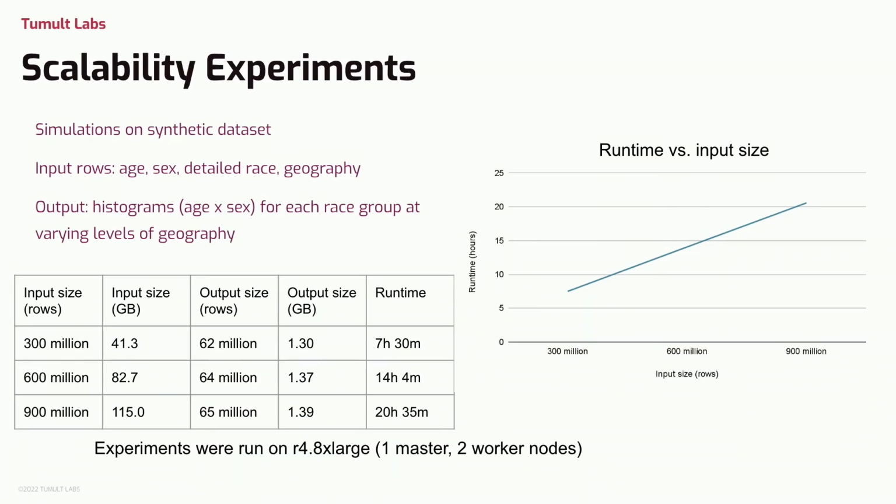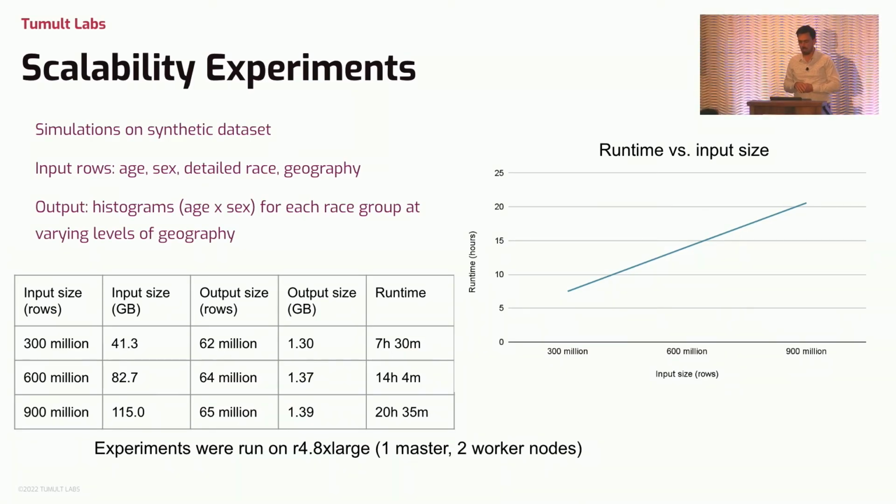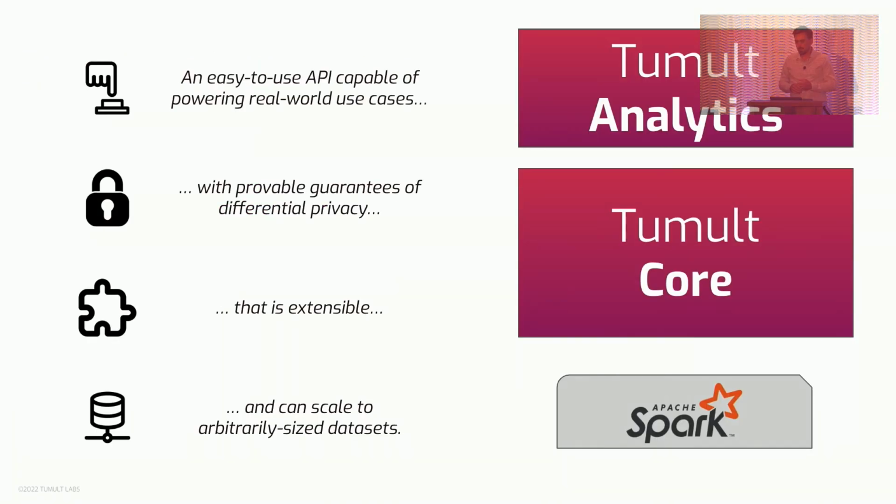I'll skip the details of our scalability experiments, but I'll just say that we can take complex iterative algorithms and scale them to inputs of, say, up to 1 billion rows, and the runtime seems to scale linearly with the input size on a fixed cluster. So that was a brief overview of the platform.